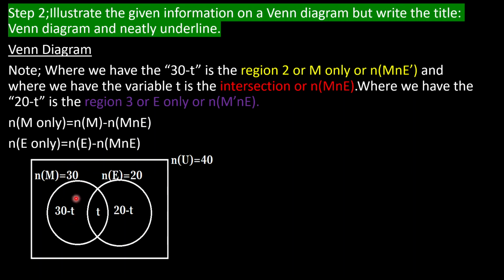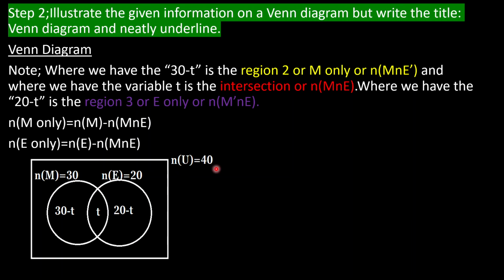So that's how we got the 30 minus t here. Also, this intersection t plus the 20 minus t will give you 20. So when you deduct the t, or the intersection, from the total number of students who study English, you get 20 minus t.